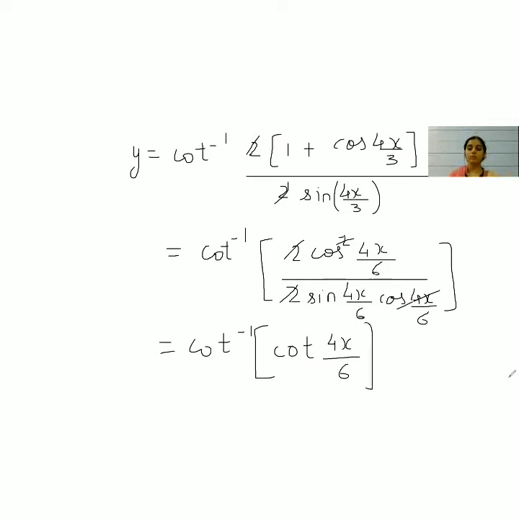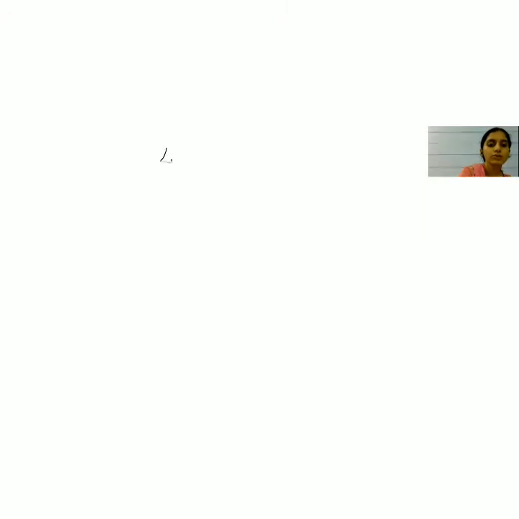Yes, so cot inverse of cot is 4x by 6. Here the formulas used are 1 plus cos theta is equal to 2 cos square theta by 2, and the sin 2 theta formula, that is 2 sin theta cos theta. Now cot inverse cot gives the angle itself.